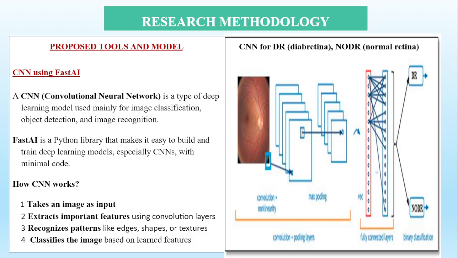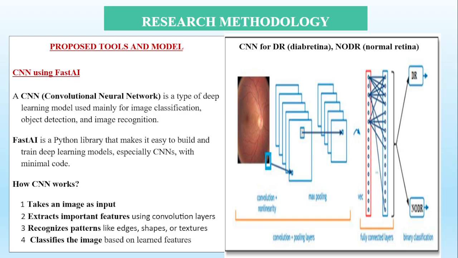How does a CNN work? It takes an image as input. The figure shows a CNN for a diabetic retina and a normal retina. This image shows both the diabetic and non-diabetic retina that we require. To compare non-diabetic and diabetic retina, we sometimes need max pooling, convolution, and non-linearity, and the non-diabetic retina will be pulled out directly.